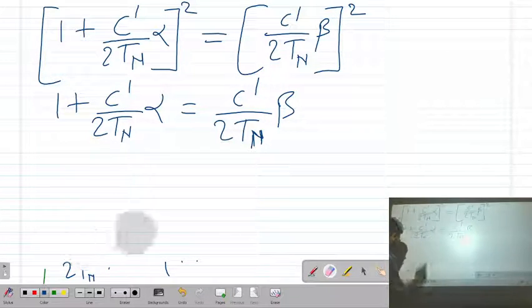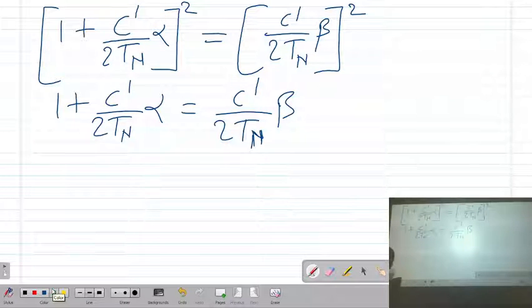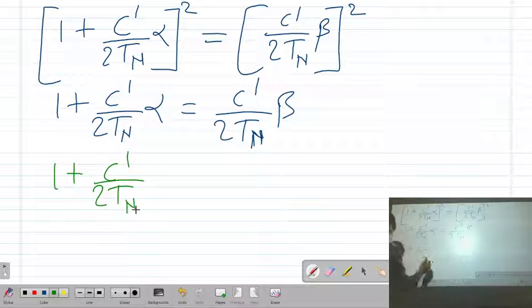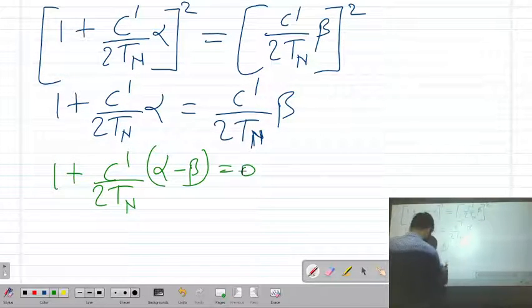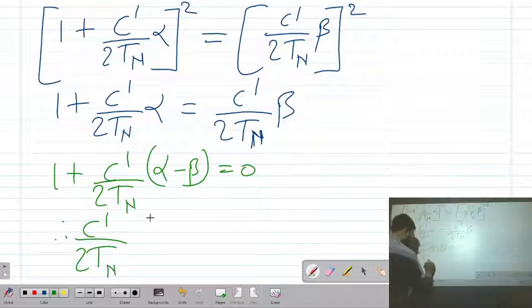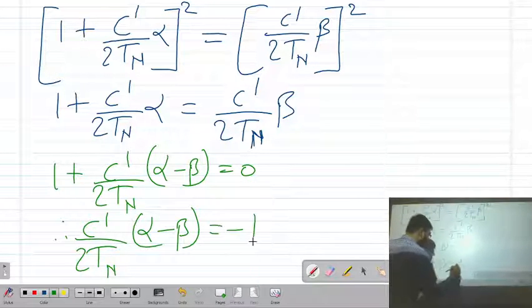Now moving ahead, we will find the solution by taking this part to the other side. We will have alpha minus beta equals 0. Therefore, C dash by 2 T of N times alpha minus beta equals minus 1.